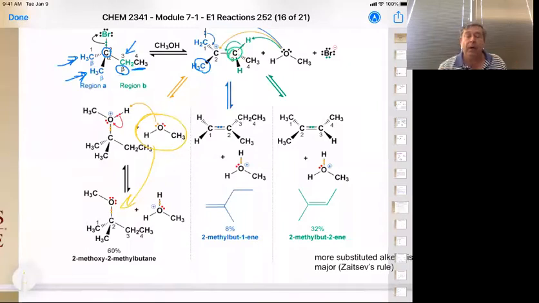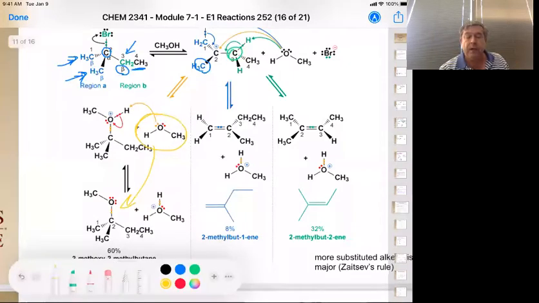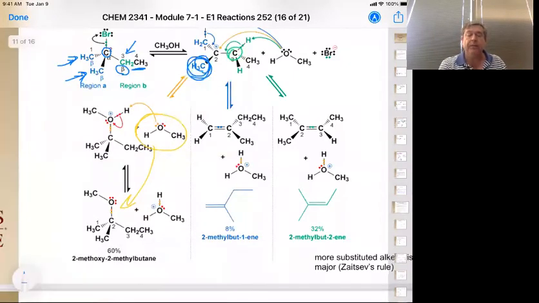But what if we pulled off a hydrogen from one of these primary carbons right here, okay? So if we pulled off a hydrogen from the primary carbon, we're going to end up with an alkene, but it's going to be an alkene that has 2 substitutions on it when we redraw it right here. And we do get this product, but that's not the thermodynamically more stable product. So let's try pulling the hydrogen off the other side.